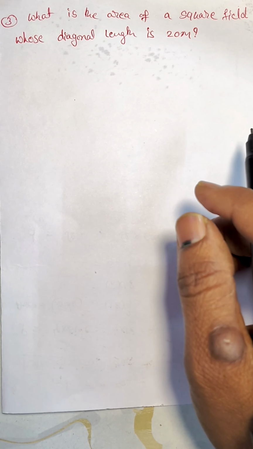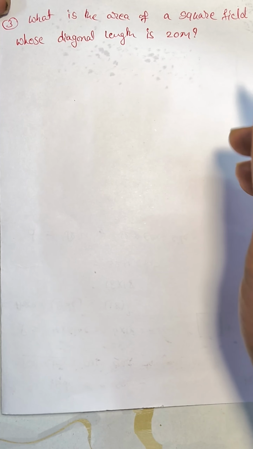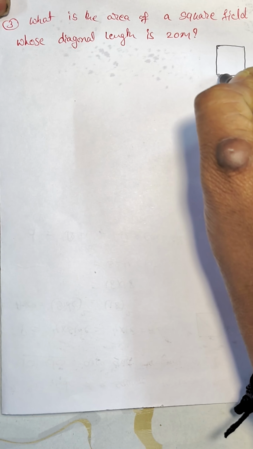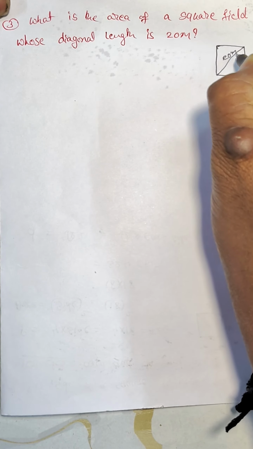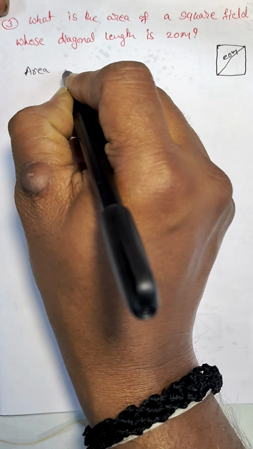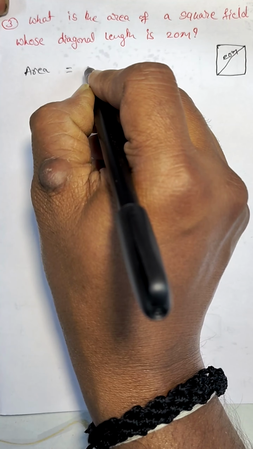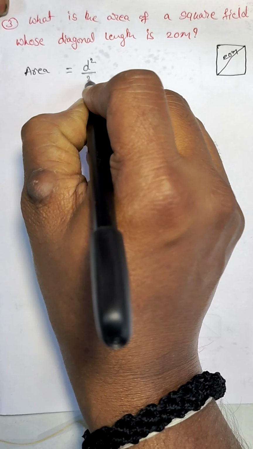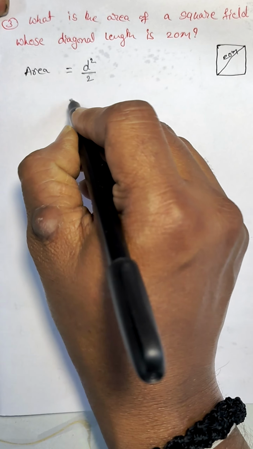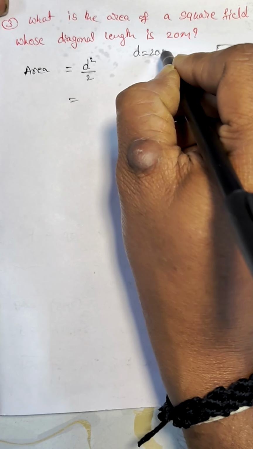What is the area of a square field whose diagonal length is 20 meters? Here the length of the diagonal of a square is given as 20 meters, and we are asked to find the area. For that, one must be aware of an important concept: the area of a square when the diagonal is provided is d squared by 2, where d is the diagonal. Here the diagonal measurement is given as 20.